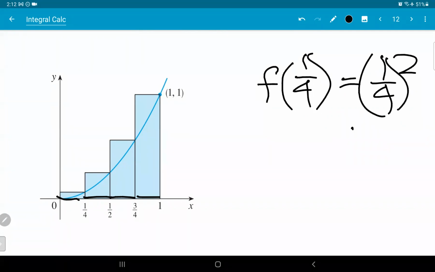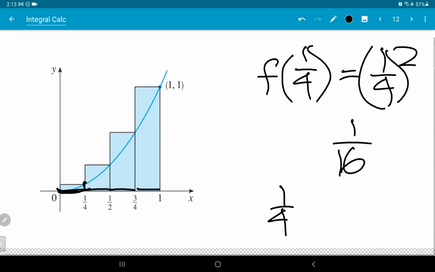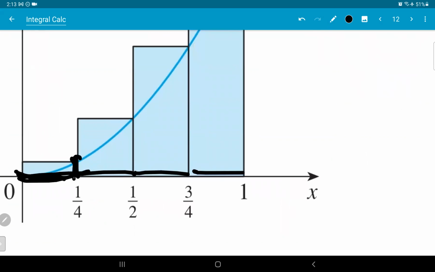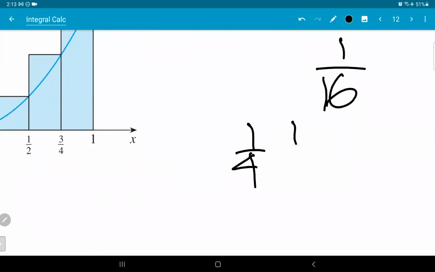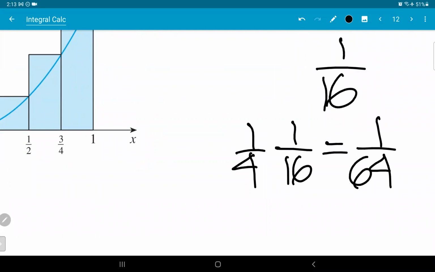So the height of the rectangle is just 1/16. And then you compute the area by multiplying the base of that rectangle, which is 1/4, and the height of that rectangle, which is 1/16. So the area of that rectangle would be 1/4 times 1/16, or 1/64 square unit.